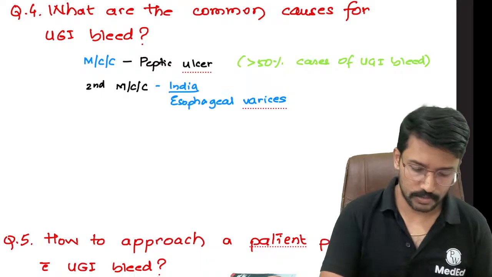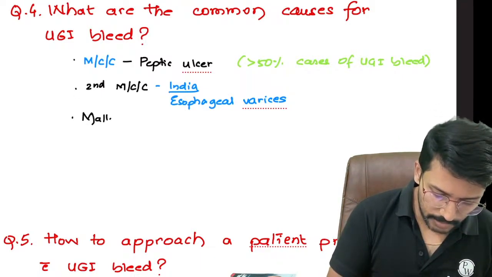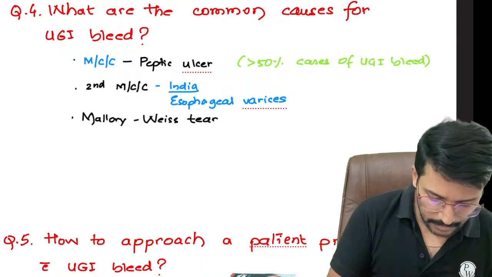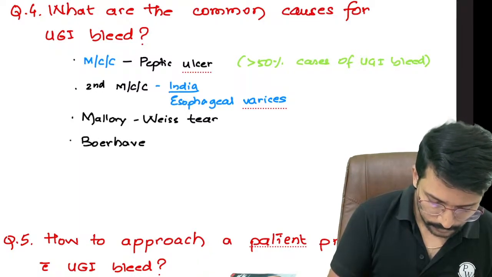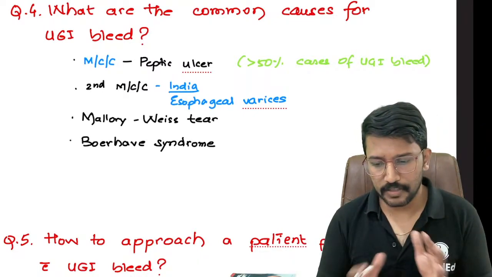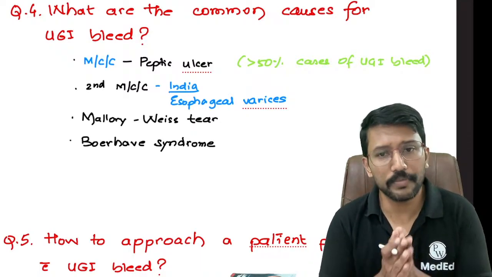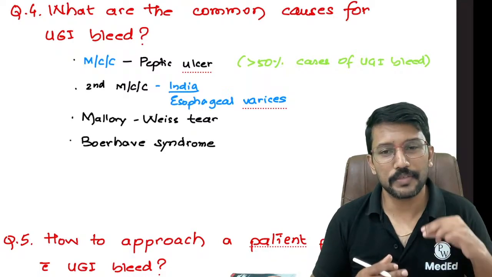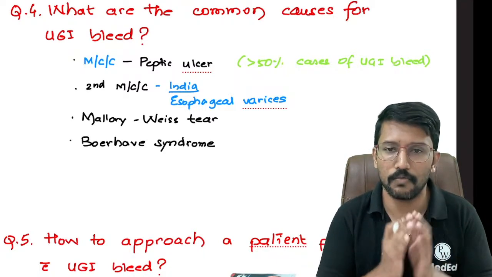There are plenty of other causes. One of them you mentioned, that is Mallory-Weiss tear. Okay, can anybody elaborate what is Mallory-Weiss tear? Mallory-Weiss tear, and then there is another entity called Boerhaave syndrome. What is the difference between the two? Both of them are esophageal injuries. Both of them are typically triggered by a bout of severe retching and vomiting.